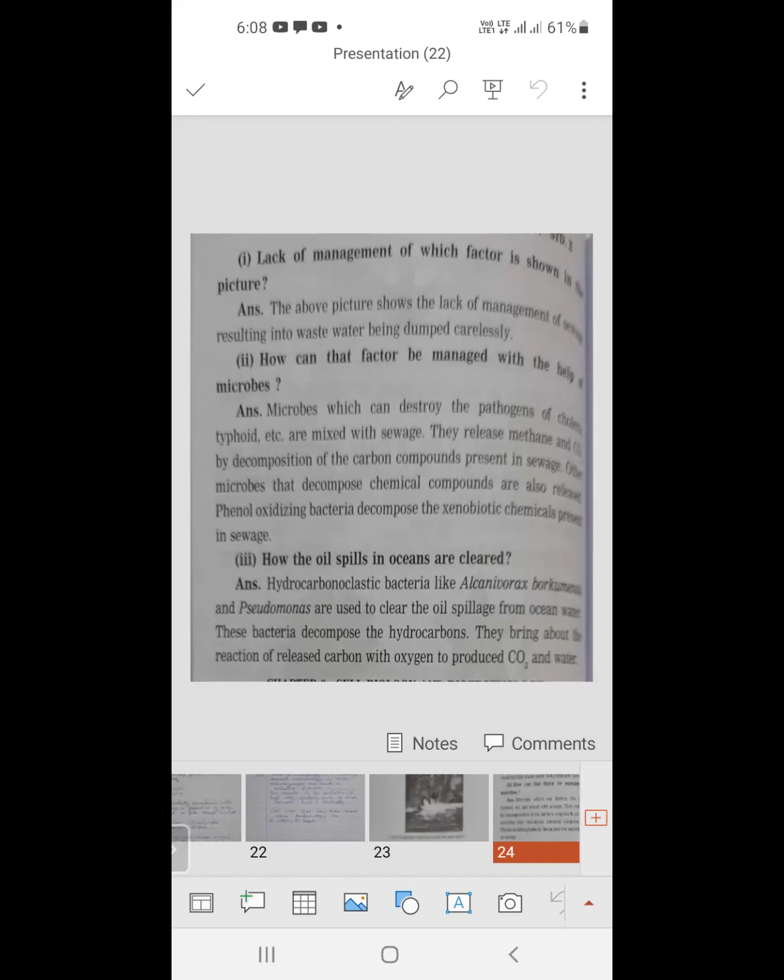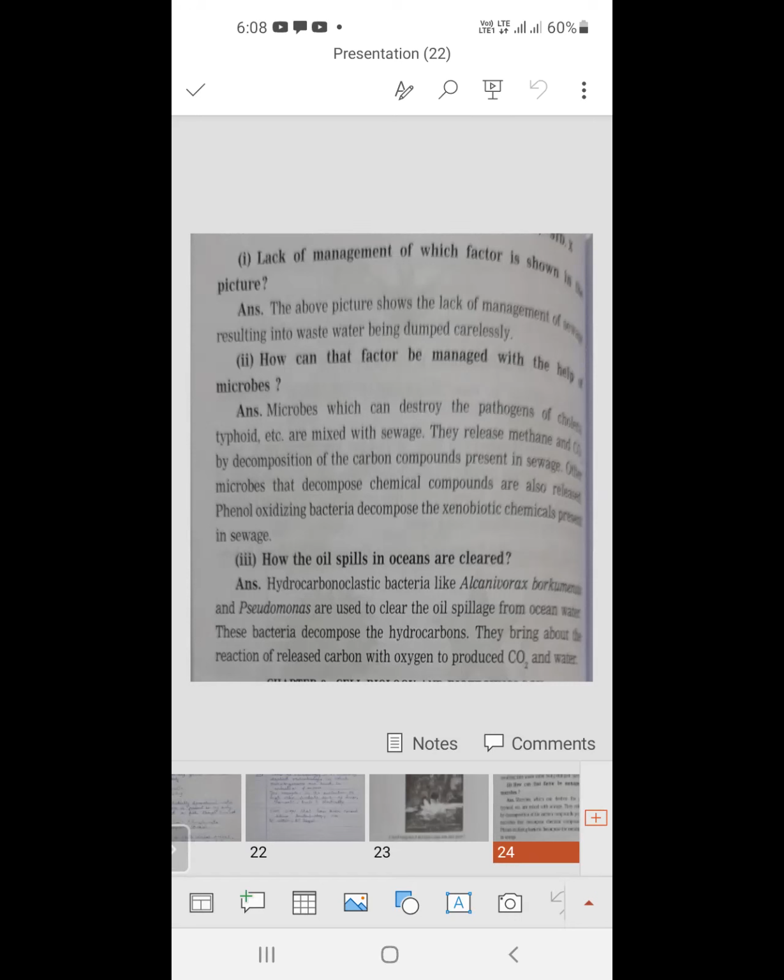Next question: how are oil spills in oceans cleared? How will you write the answer to this question? Hydrocarbonoclastic bacteria like Alcanivorax and Pseudomonas are used to clear the oil spillage from ocean water.